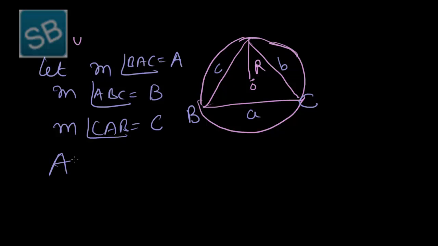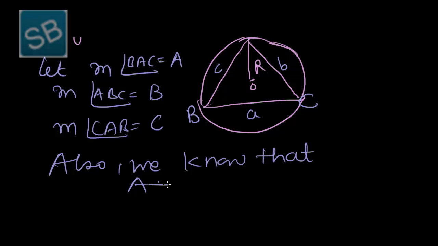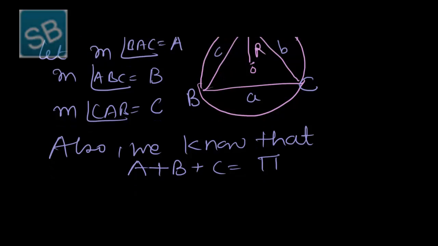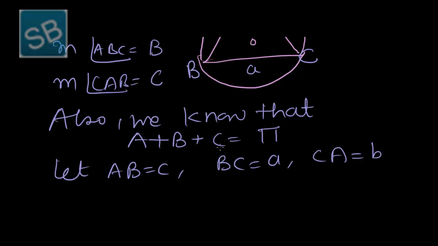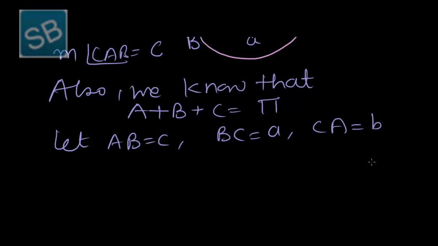And also we know that the sum of three angles of a triangle is 180 degrees, that is A plus B plus C is equal to pi. And as we described, AB is equal to c, BC is equal to a, and CA is equal to b. These conditions will hold when we derive the sine rule and cosine rule. First we go through the sine rule.